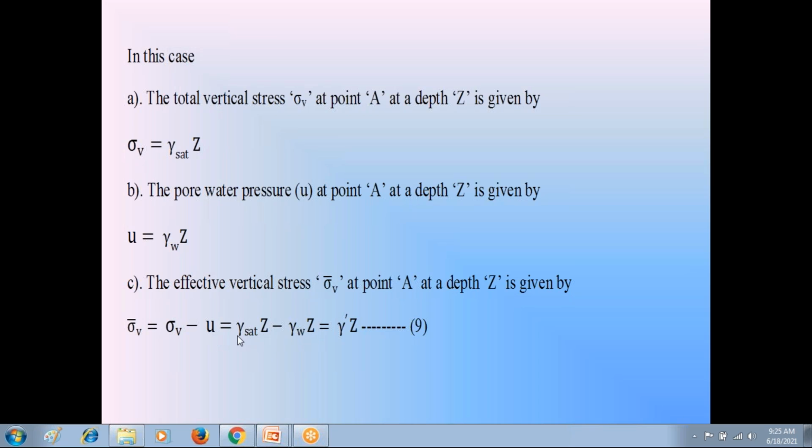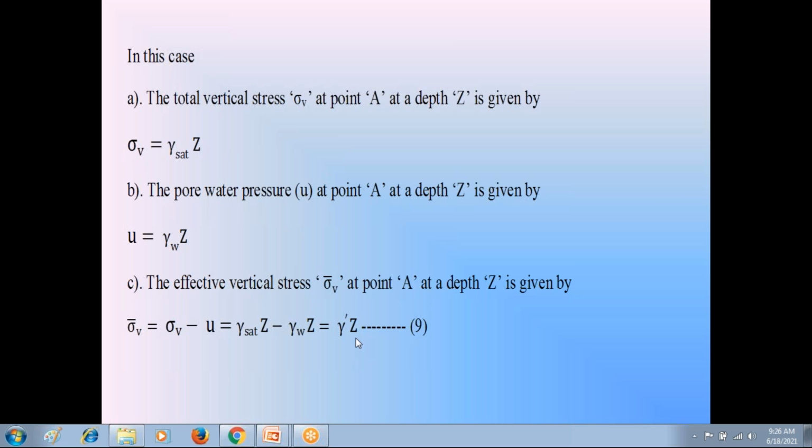Take this Z common in the equation, so it is Z into gamma saturation minus gamma W. You know that in soil mechanics, gamma saturation minus gamma W is called gamma dash, that is the submerged unit weight. So on the soil element, the effective vertical stress sigma V dash is equal to gamma dash into Z.